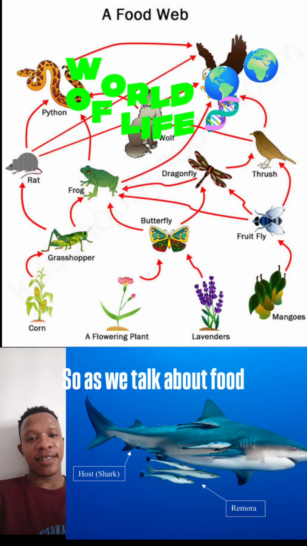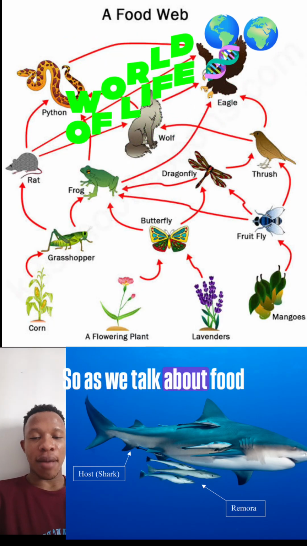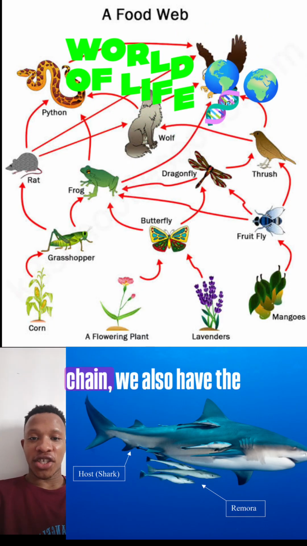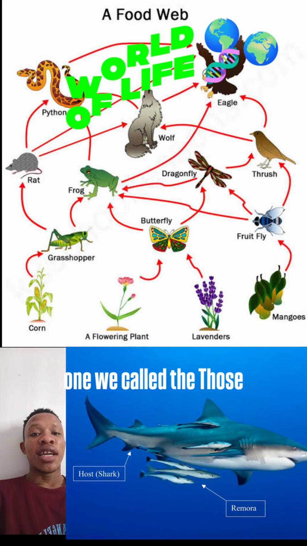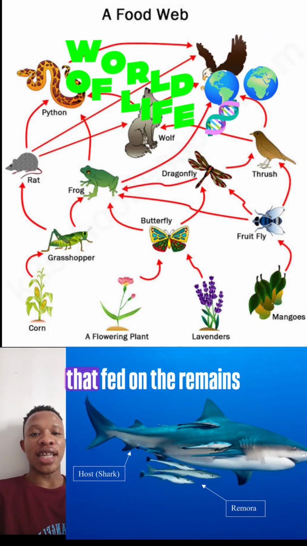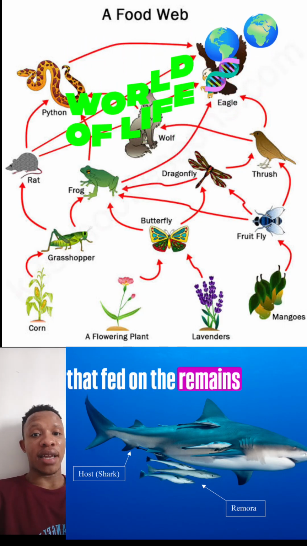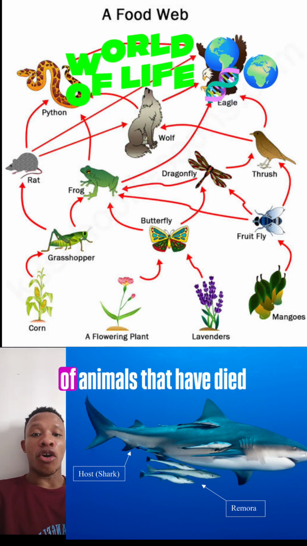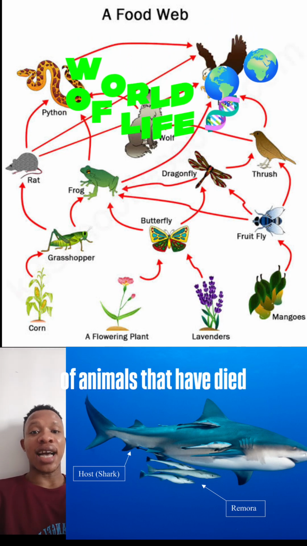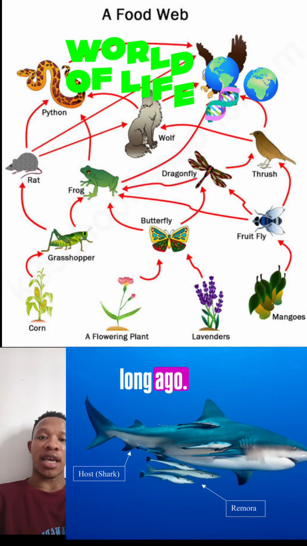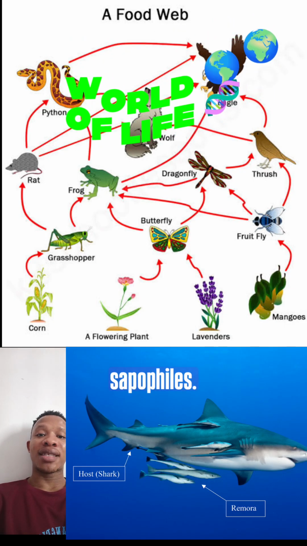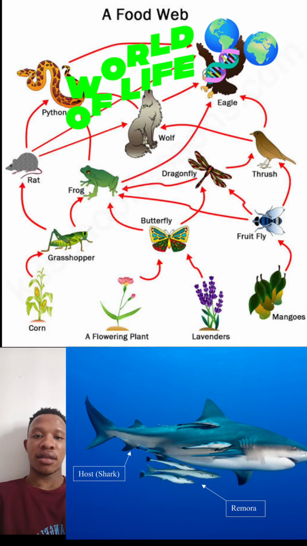So as we talk about food chain, we also have those that feed on the remains of animals that have died long ago. Okay, so we call them saprophytes.